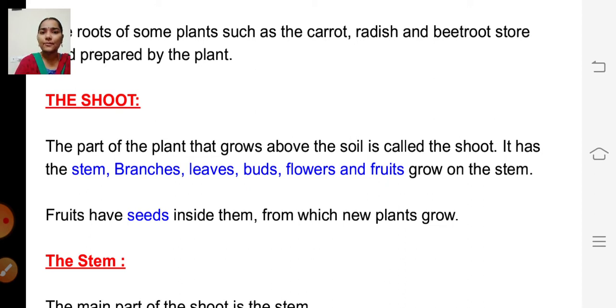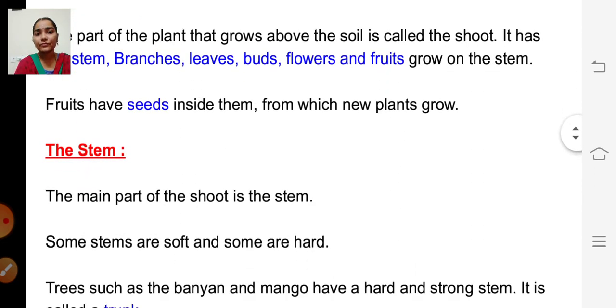The part of the plant that grows above the soil is called the shoot. It has the stem, branches, leaves, buds, flowers and fruits that grow on the stem. Fruits have seeds inside them from which new plants grow.